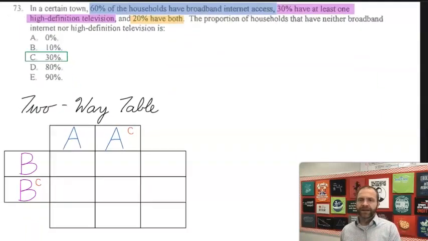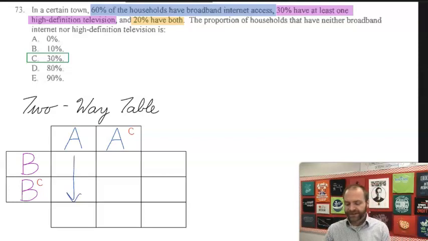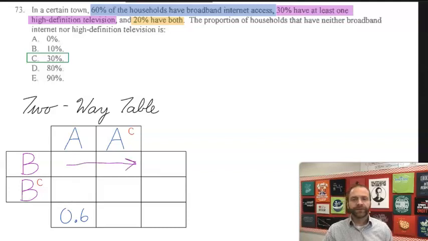With a two-way table, I'm told the totals. I'm told the probability of A, which goes all the way down here, is 60%, so I'm going to put 0.6 here. I'm told the probability of B, which is the total, so it goes all the way over there, is 30%, so I'm going to put 0.3 here.